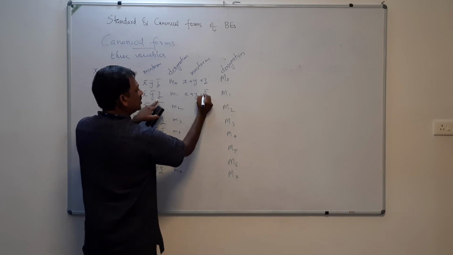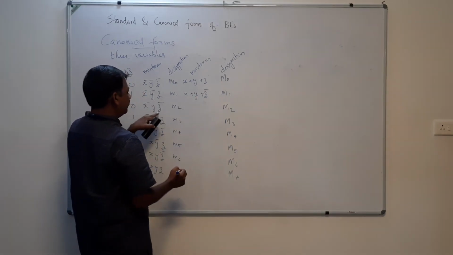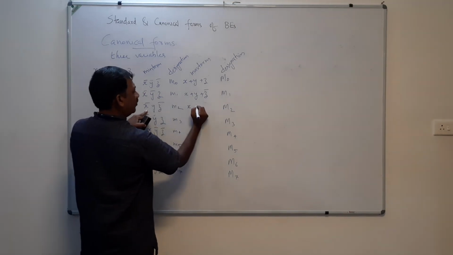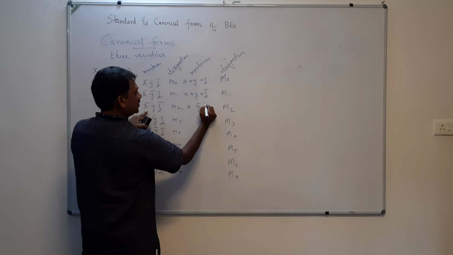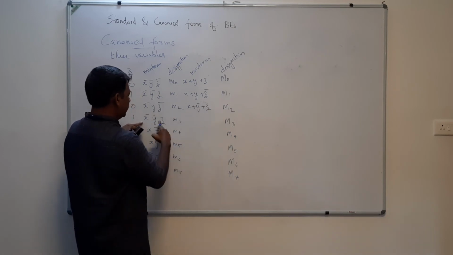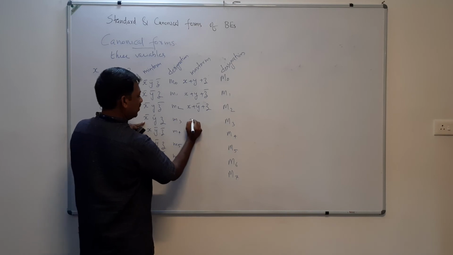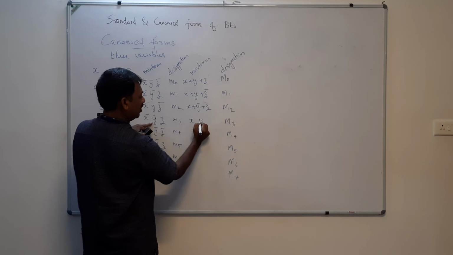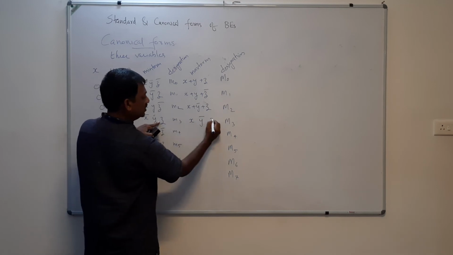In between, plus plus. Next, x bar, y, z bar: the complement of x bar is x, the complement of y is y bar, and the complement of z bar is z, with plus in between. Then x bar, y bar, z: complement is x, y, z bar, with plus in between. Then x bar, y, z: complement is x, y bar, z bar.